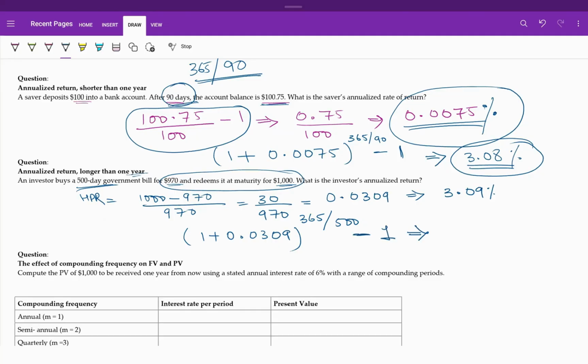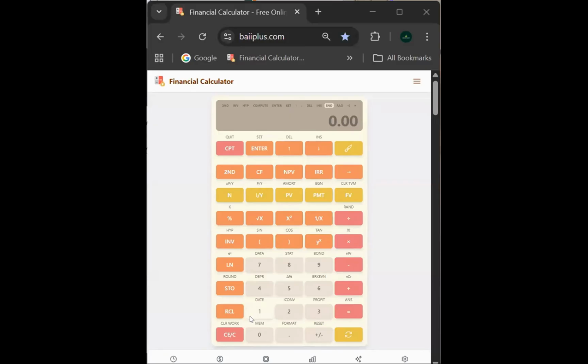Let's calculate this on the calculator once again. 1.0309, raised to the power: we start a parentheses, 365 divided by 500, close the parentheses, and click equals.